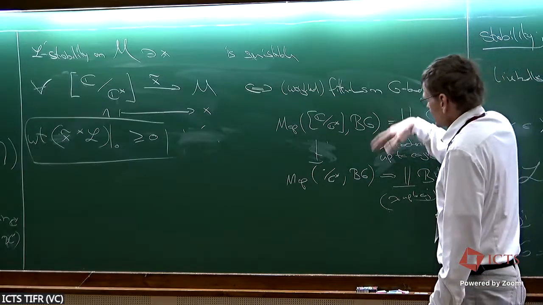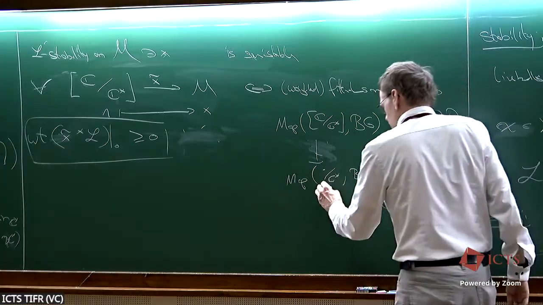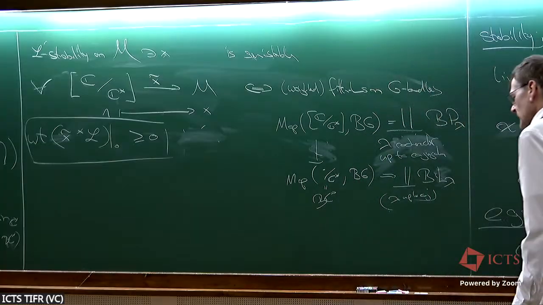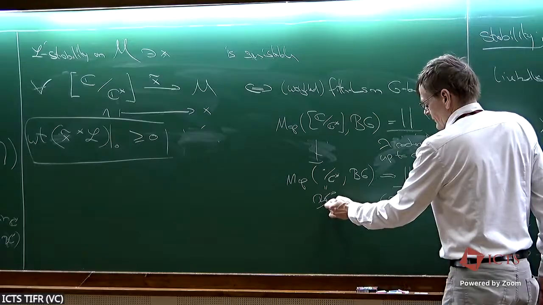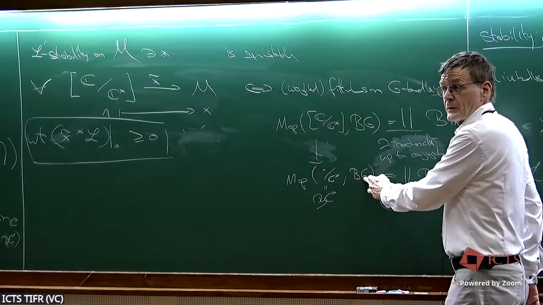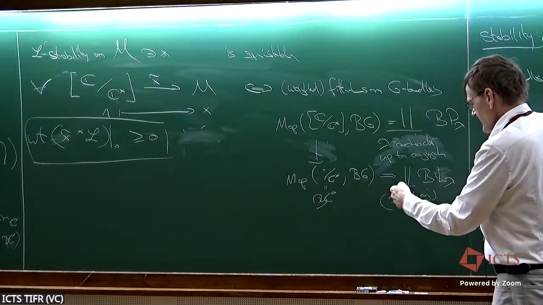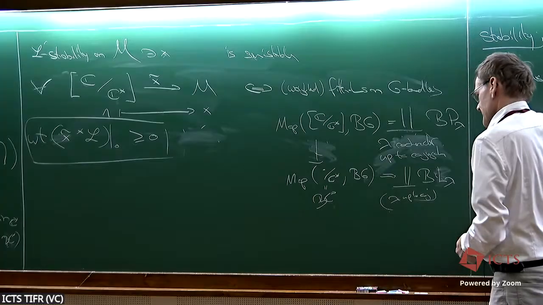Okay, let's try to unravel this. If I take maps from point mod C star, so that's just BC star to BG, the trivial bundle gets mapped somewhere, so you get a map from C star into the automorphisms of the trivial bundle. So you get a map from C star into G, well defined up to conjugation. And that's actually all there is.